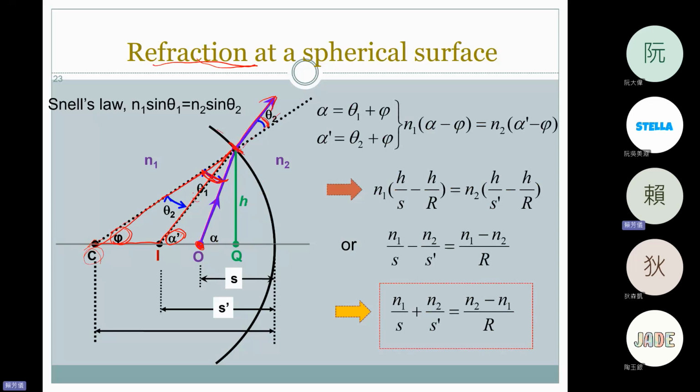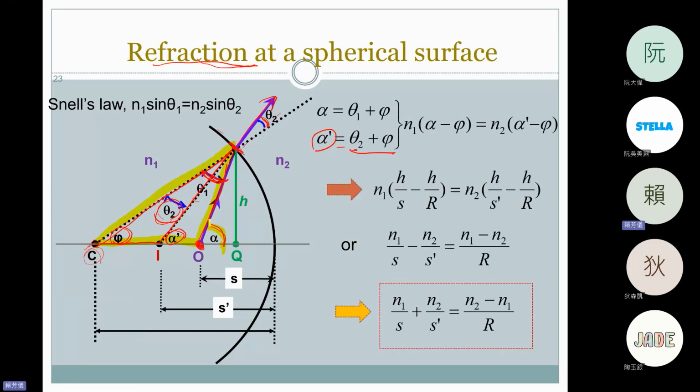So alpha prime equals theta 2 plus phi. And for alpha 1, we can see this triangle here.